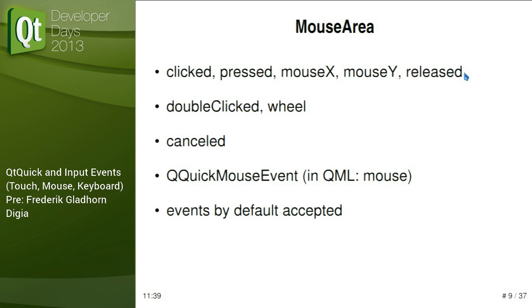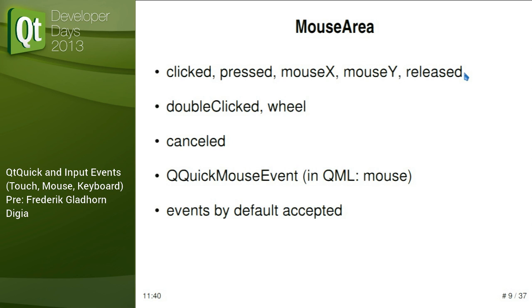What you get in all of these signals is usually a QtQuick MouseEvent, apart from the wheel, where you get a QtQuick WheelEvent. And this mouse event in QML is simply called mouse. You can access its properties like X and Y and which buttons are pressed. And then one really important thing is that these events are accepted by default.